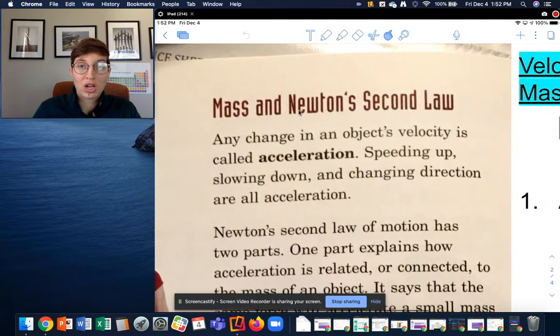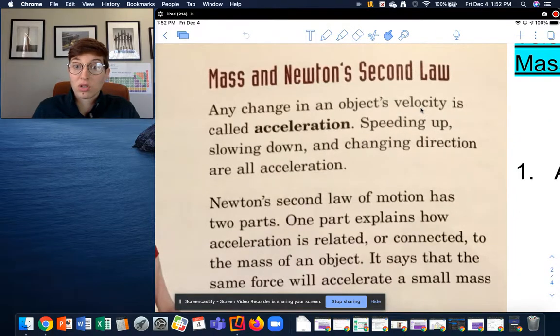So any change in an object's velocity or speed is called acceleration. Speeding up, slowing down, and changing direction are all acceleration. Anytime a change happens in an object's speed.